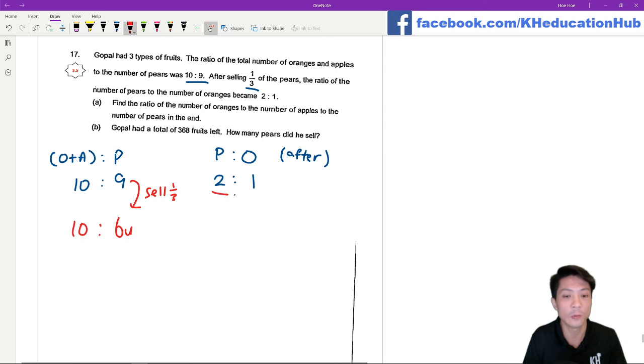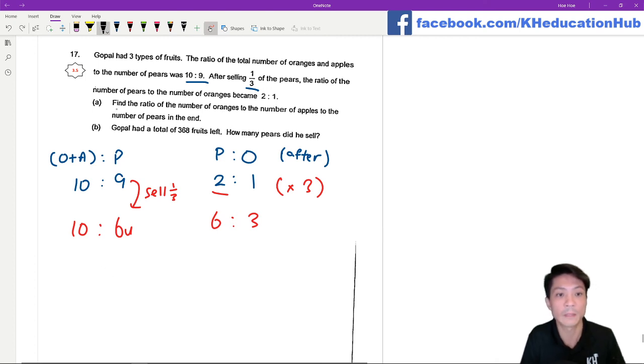This is a 2, so I'm going to multiply by 3 to everything, so this becomes 6:3. Now I'm going to combine both ratios. Let's proceed on to answer part A. Find the ratio of the number of oranges to the number of apples to the number of pears in the end.